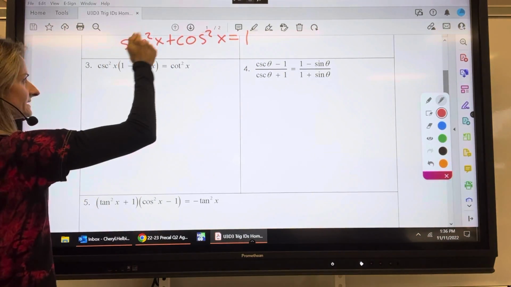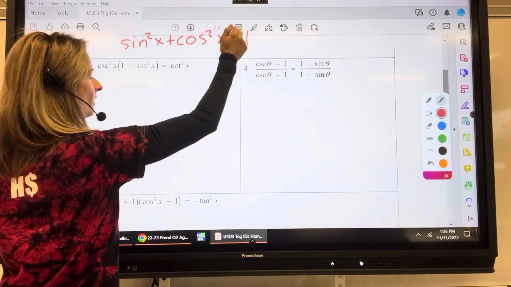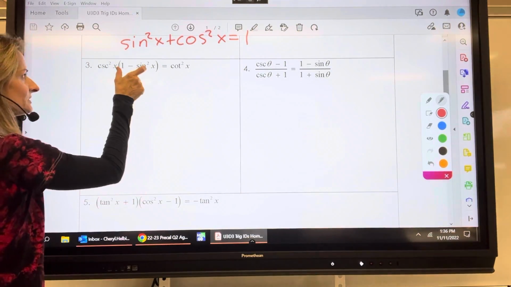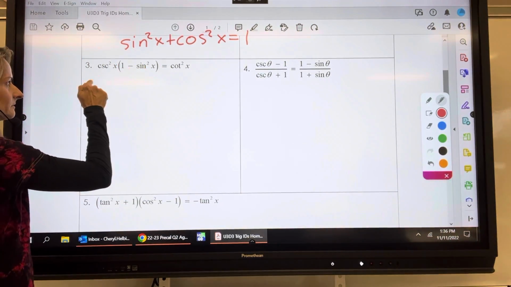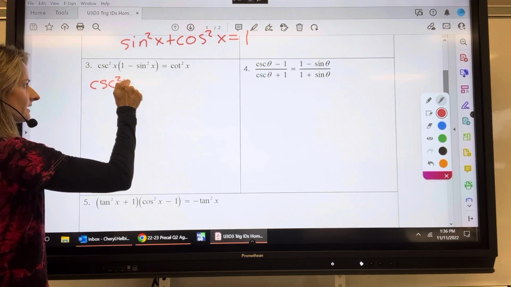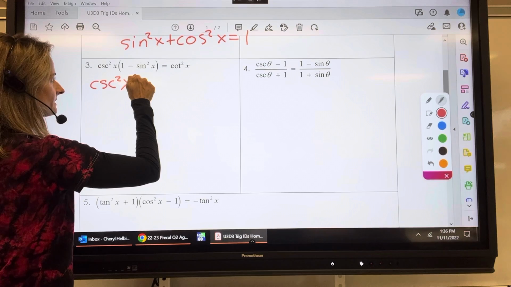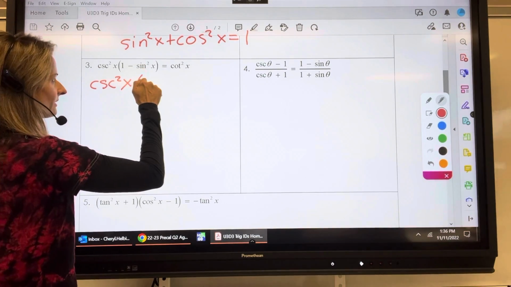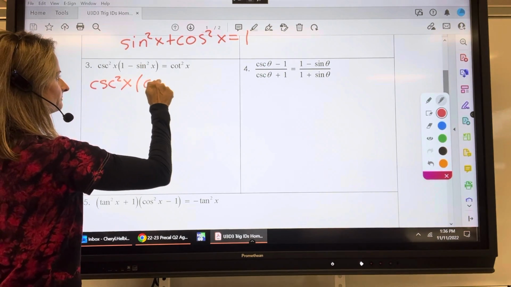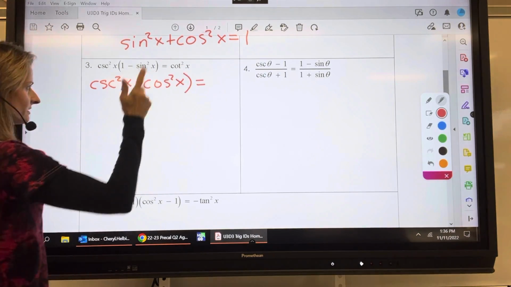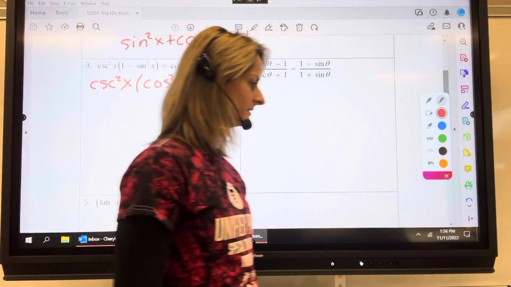So if I subtract sine squared from both sides, I'm going to get 1 minus sine squared equals cosine squared. So I'm going to substitute in for this parentheses. I can write cosecant squared of x, and then times, and I'll keep it in parentheses, it doesn't really matter, cosine squared. I could have just put times cosine squared, but whatever, I left it in the parentheses.